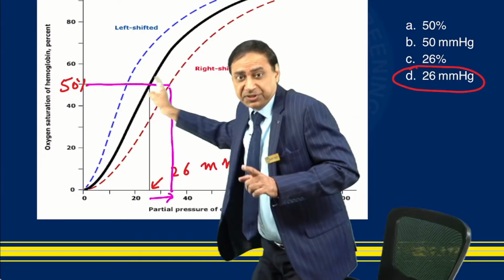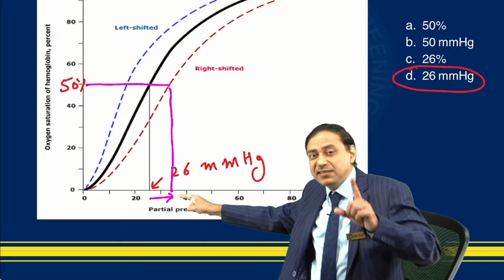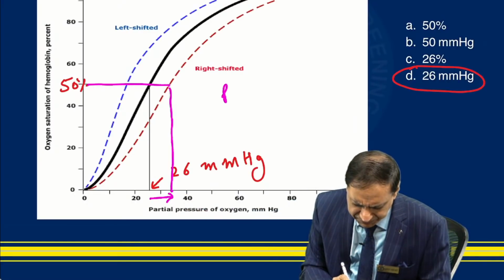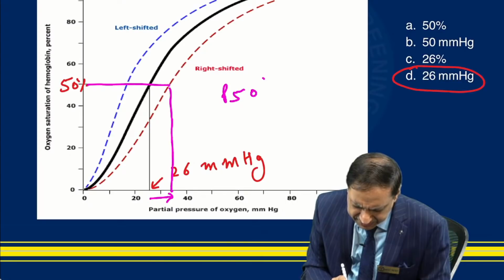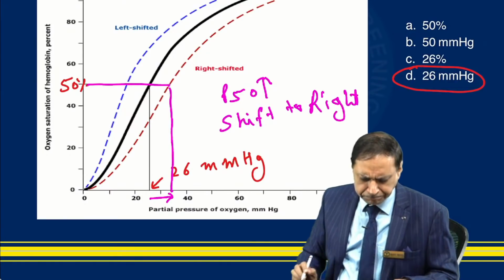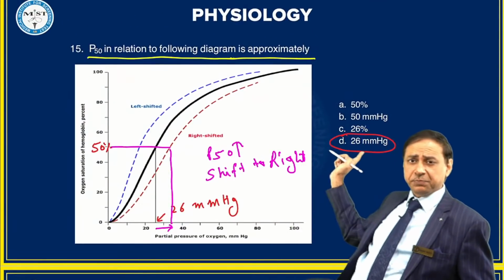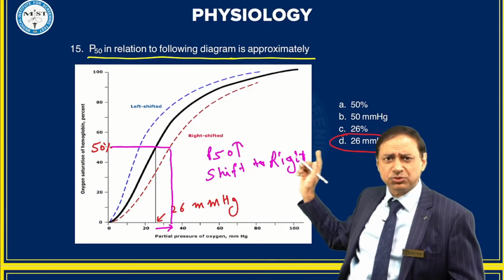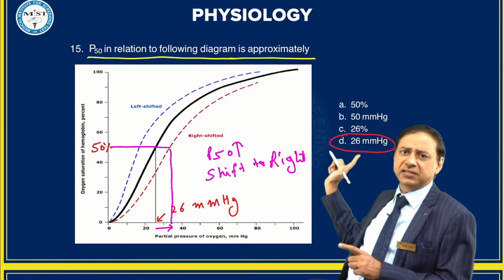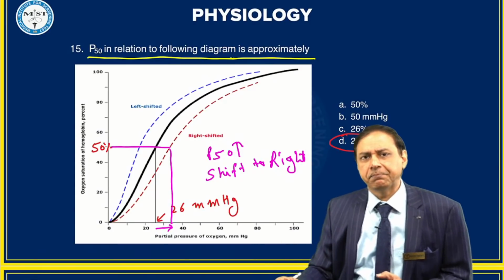So curve shifted to the right means the P50 is increased. Is it clear? So the partial pressure 26 is the normal value. If I ask you how much is the normal P50, again the answer should be 26 millimeter of mercury. This is the normal P50. Okay?